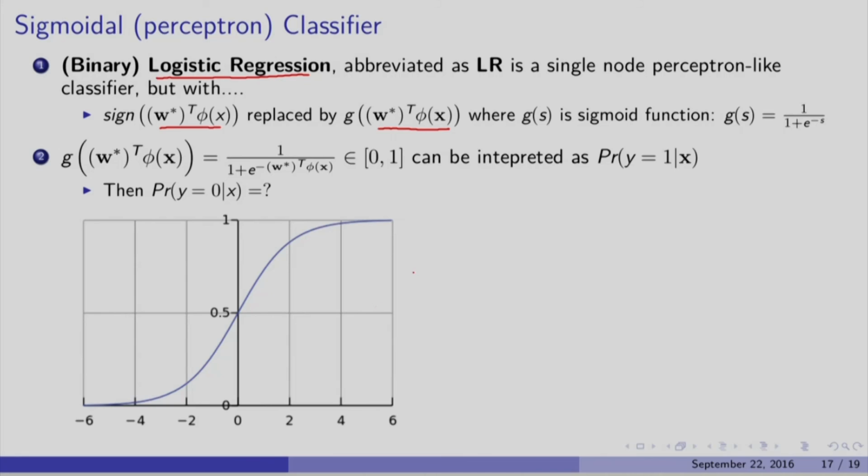There is a slight rescaling here because 1 upon 1 plus e raised to minus s is always going to be in the range of 0 and 1. So we are going to assume that y, which was earlier plus or minus 1, is now going to be either 0 or 1.